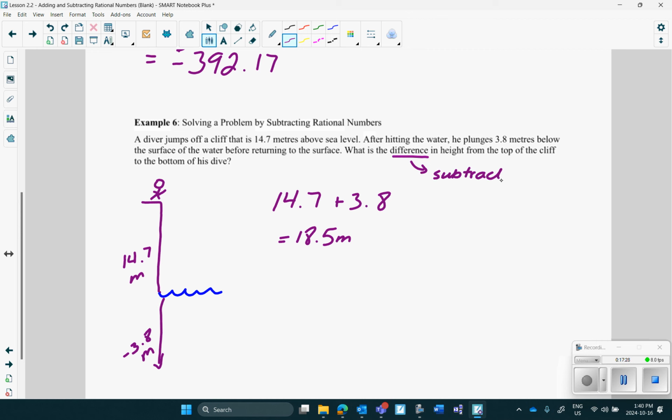So what I would have to do is subtract 14.7, subtract negative 3.8, but notice what happens. It works out to the same as this. So these are the same. So you don't have to do this. You can just do the addition, add the two amounts, the two distances. But it is a bit of a tricky question. You got to be a little careful with it.